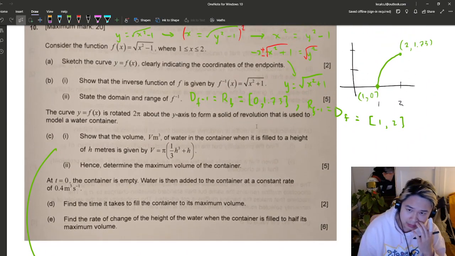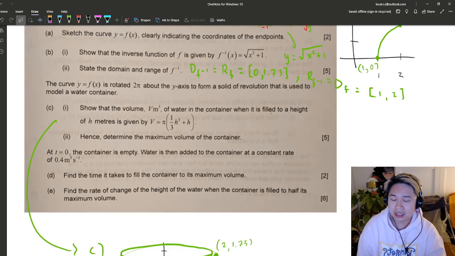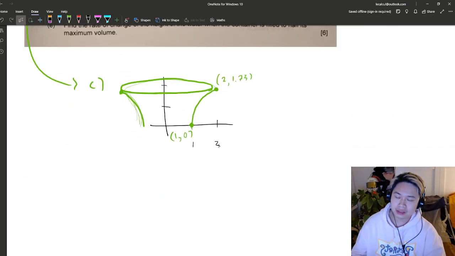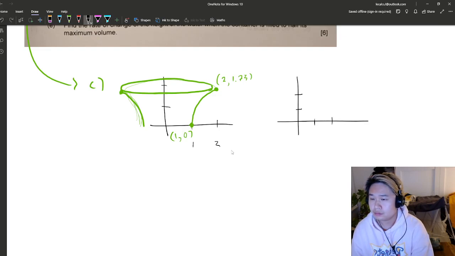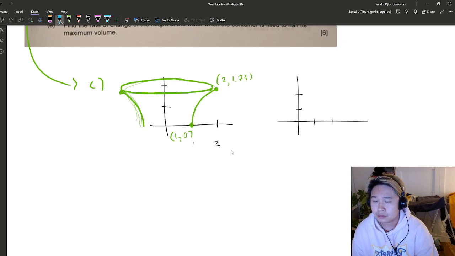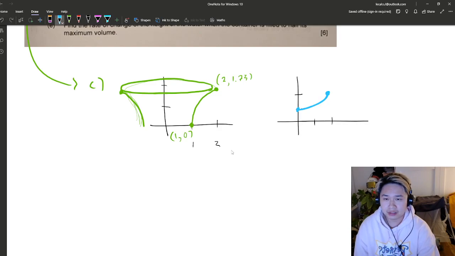And you're supposed to use the fact that you have the inverse, and knowing that the inverse is just a reflection of your original one. Okay, this is your inverse.